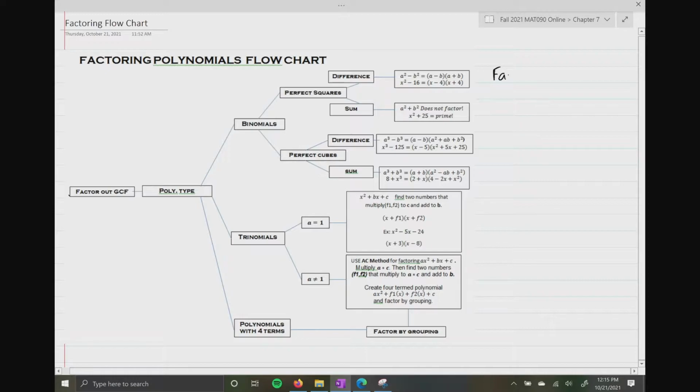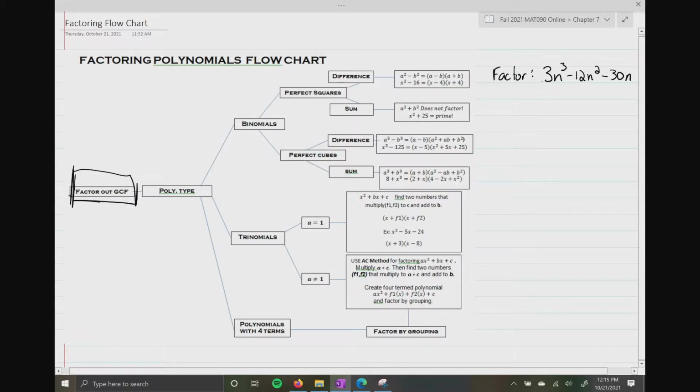Factor. And we're going to do 3n to the second. Actually, let's make it 3n to the third, 3n^3 minus 12n^2 minus 30. Okay? So first step, you always want to try to factor a GCF.